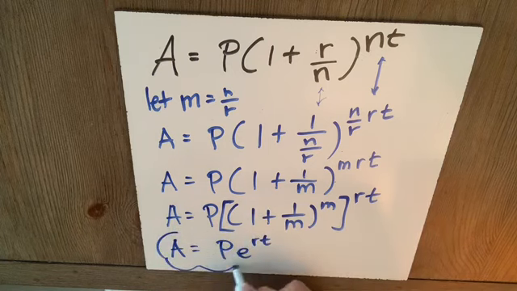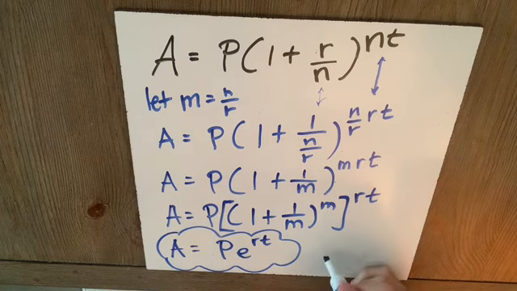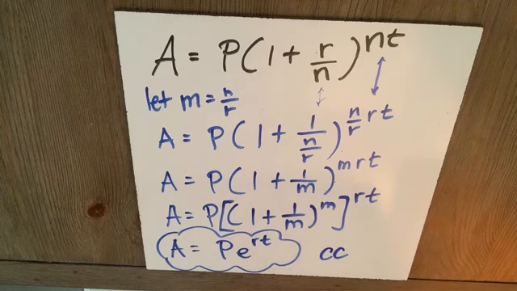And this is what happens as we start to compound more and more and more. Every minute, every second, every half second, every quarter second, every tenth of a second. And soon we're compounding continuously. And this is for CC, continuous compounding. A equals P times E to the RT.